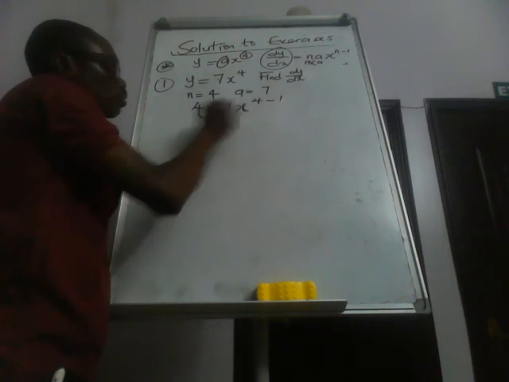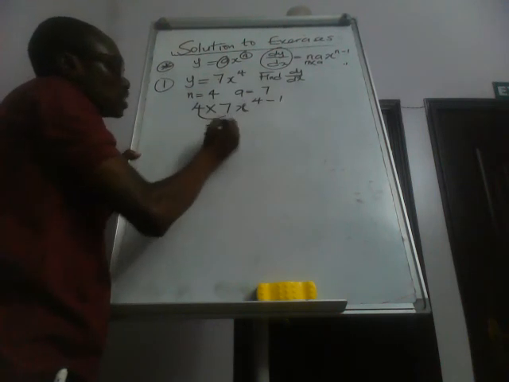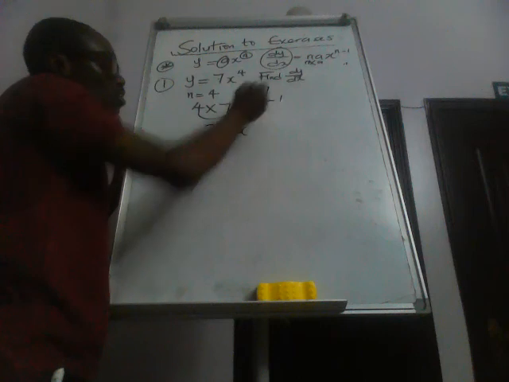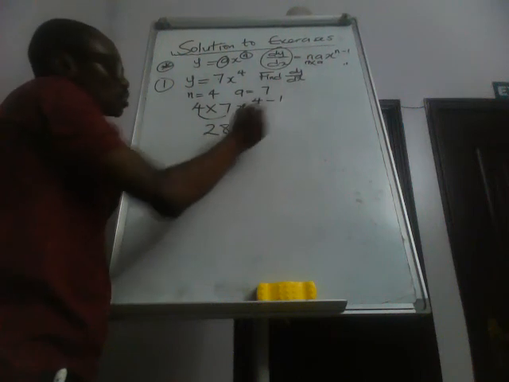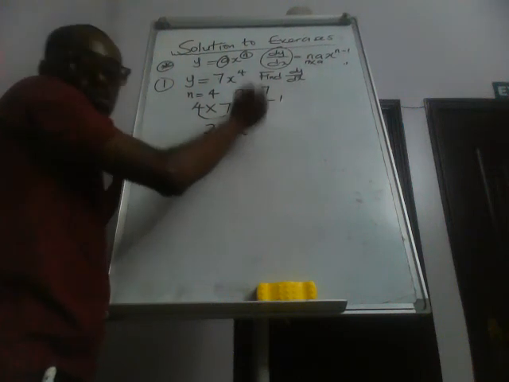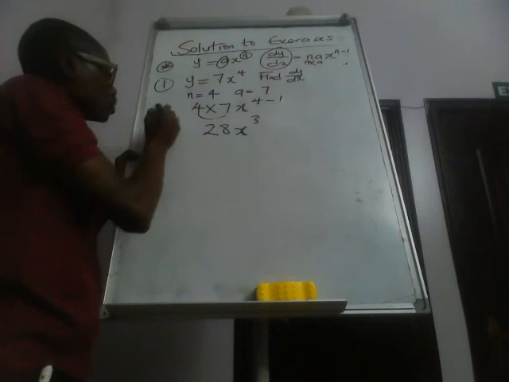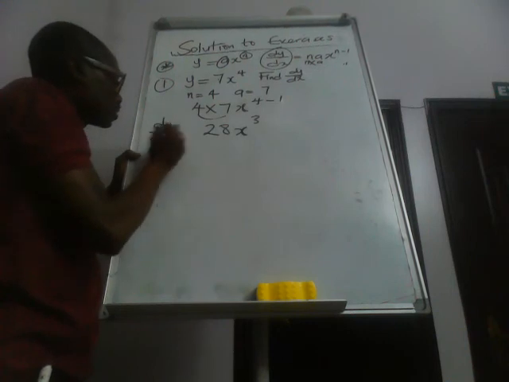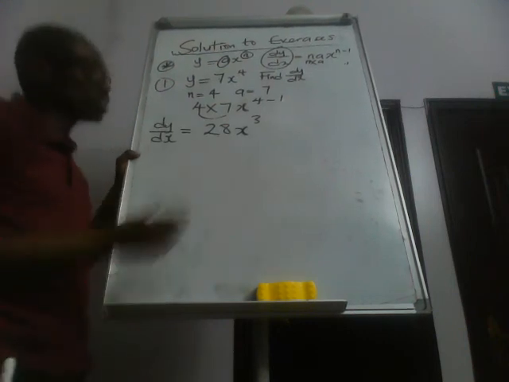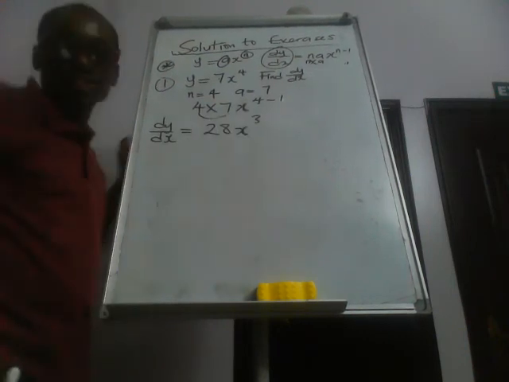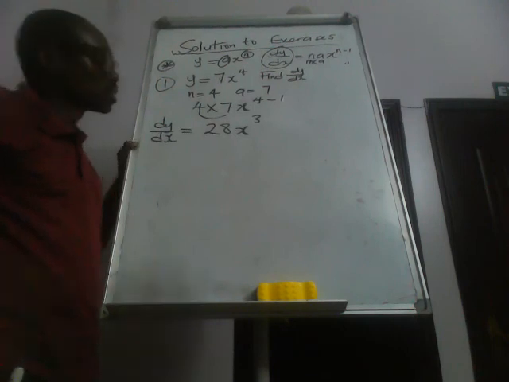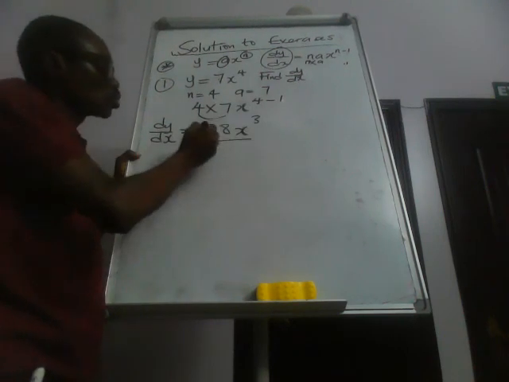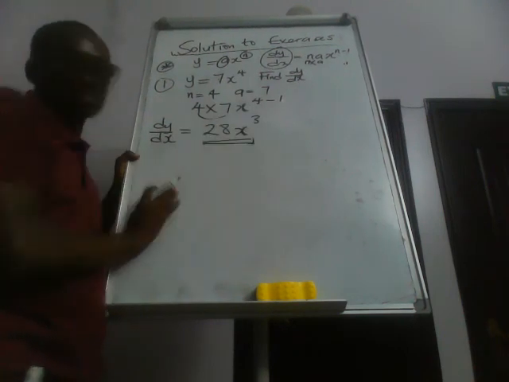So we have 4 times 7, which is 28, x, 4 minus 1 is 3. So we have 28x raised to power 3. So dy/dx is equal to 28x raised to power 3. This is the first solution to our first exercise.